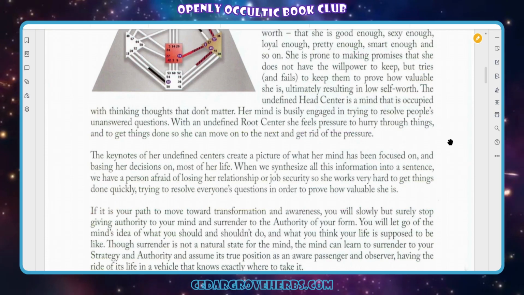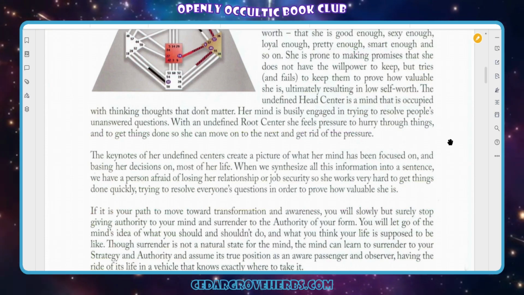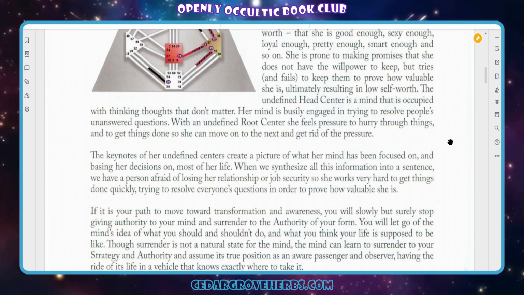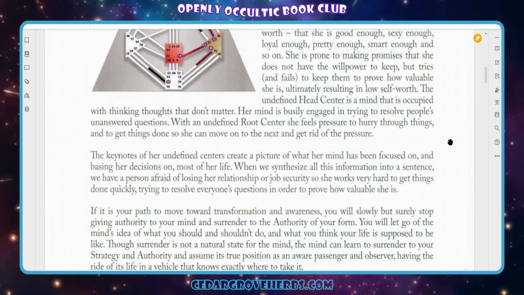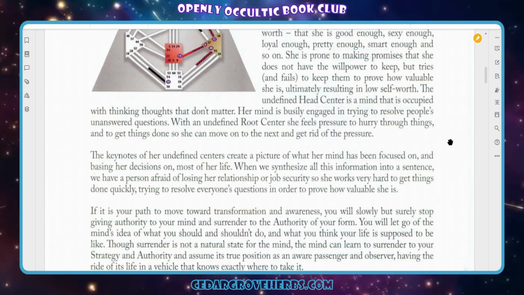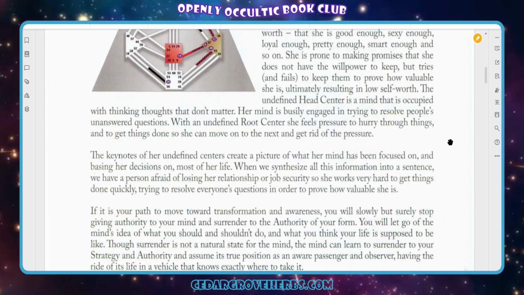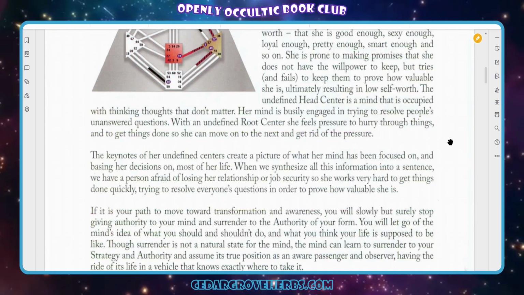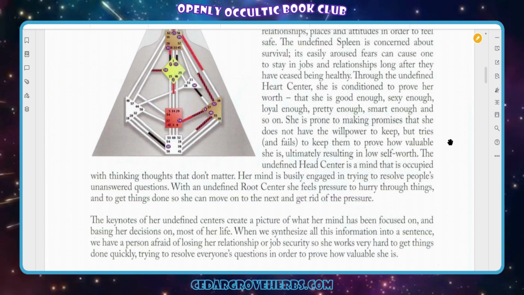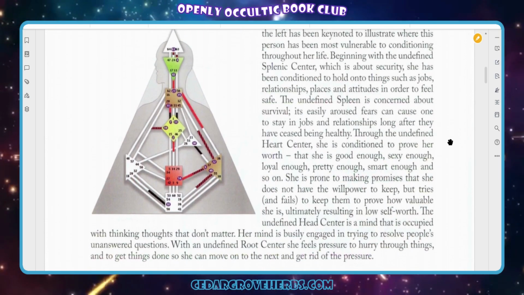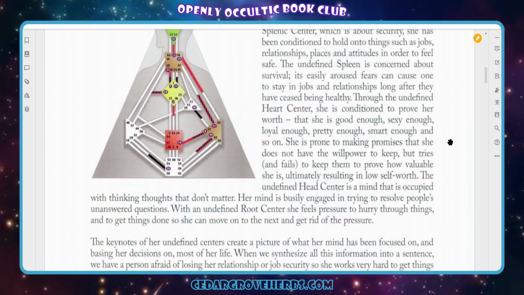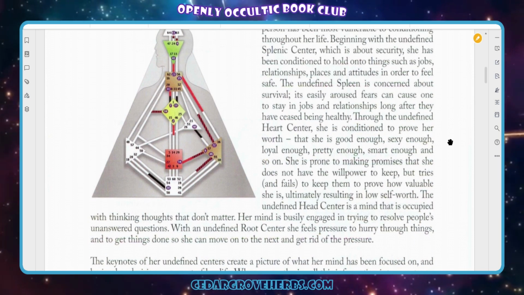So if we synthesize the keynotes and all that information into a sentence, we have a person afraid of losing her relationship or job security, so she works very hard to get things done quickly, trying to resolve everyone's questions in order to prove how valuable she is. Four points made, four undefined centers.